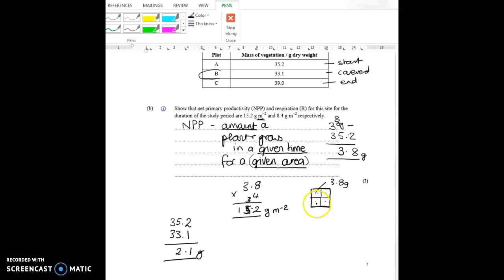But remember, again, it's only for 0.25 meters squared. This is a quarter of a meter squared. So 2.1, and we need to see how much it would be for a whole meter, because that's what the question asked us. So 2.1 times 4 will give us 8.4 grams of carbon per meter, because we did it for a whole meter.